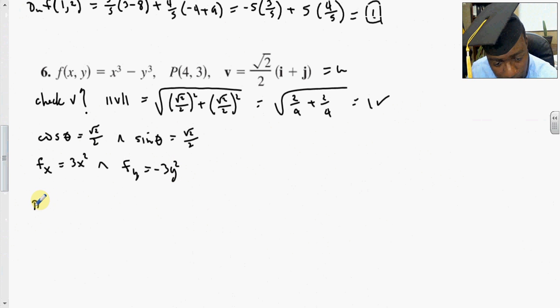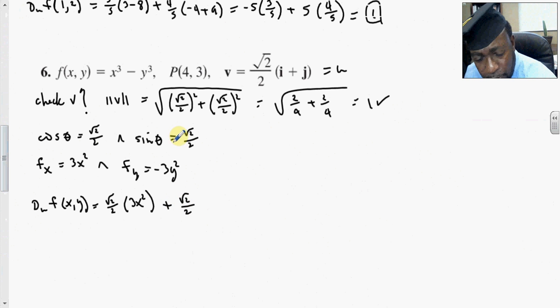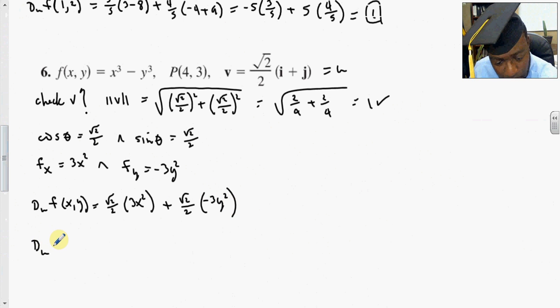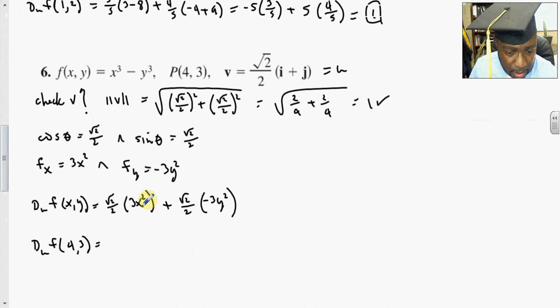And so the directional derivative of the function f in the direction of u at x comma y is the square root of 2/2 times 3x squared plus the square root of 2/2, that's the sine theta, times this negative 3y squared. Now we calculate this directional derivative at the point P, 4, 3. So we have 4 squared, right? So that's the 16 times the 3.